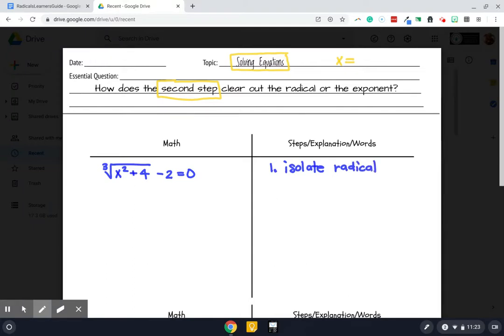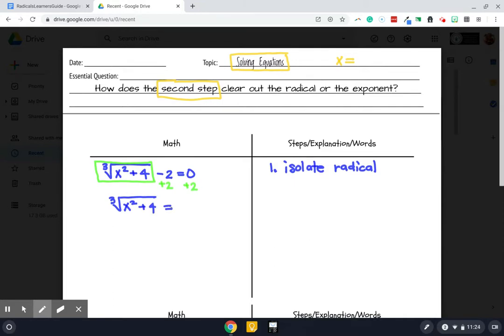And so our goal is to say, this radical right here, if I can, I want it to be the only part of the equation on its side. And so what that means is this minus 2 needs to be canceled with a plus 2. When I do that, I get that radical alone.